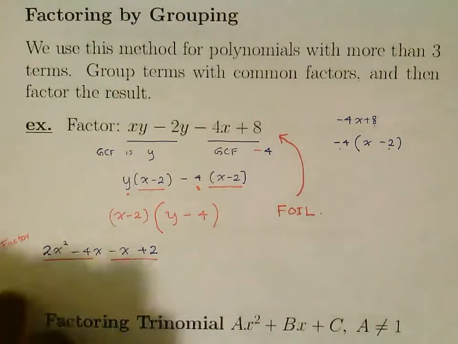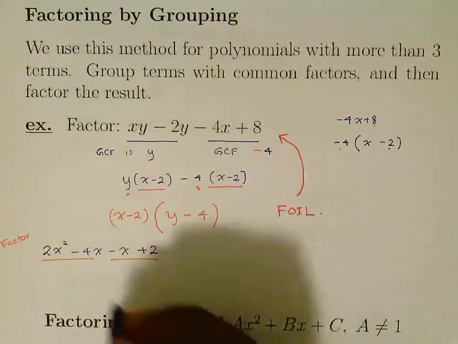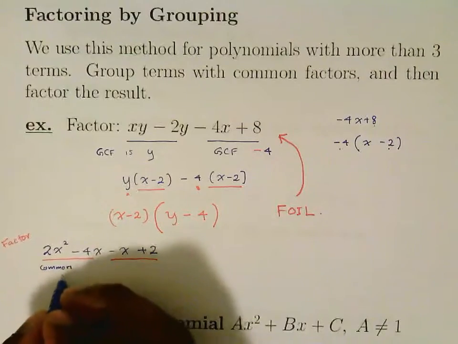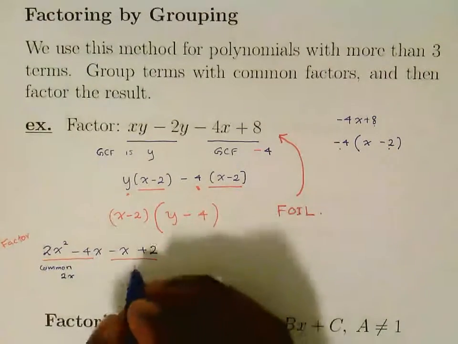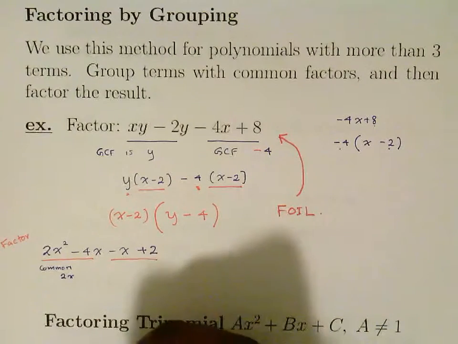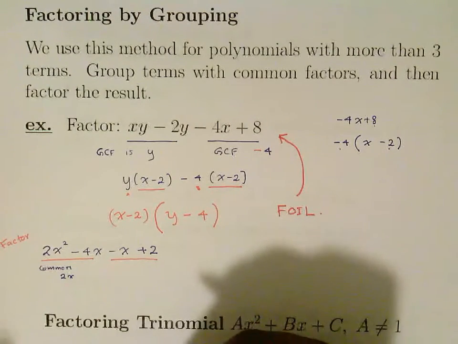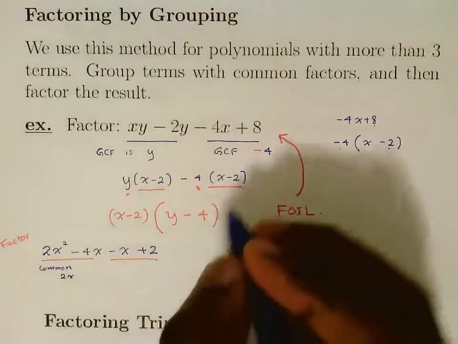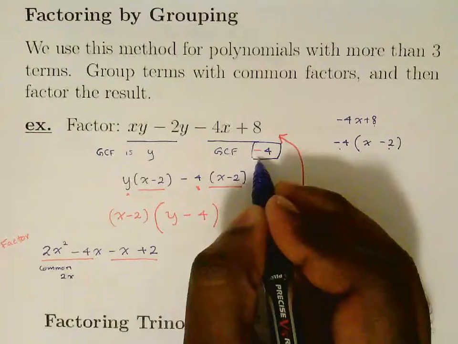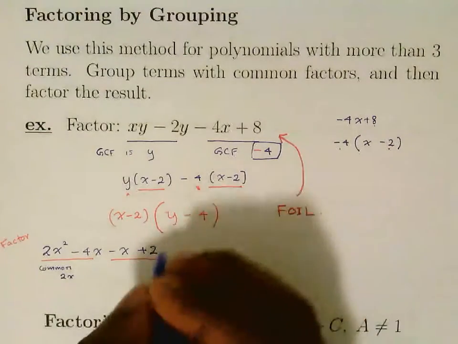So here I will factor the common factor 2x, and here there is no common factor between these two, but I can say -1 is a common factor. That is the same idea I'm using here.